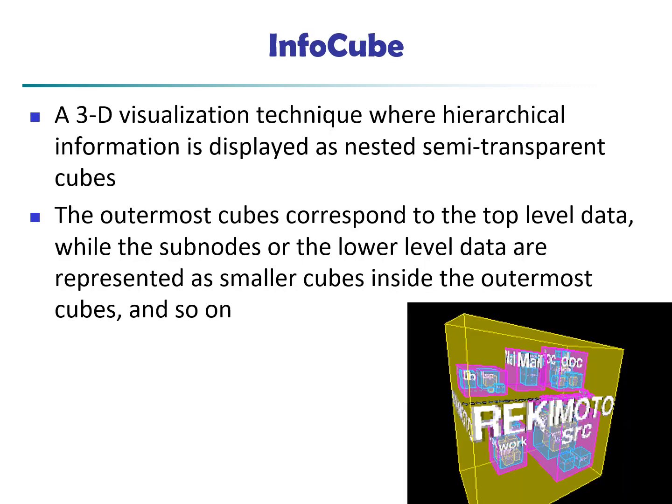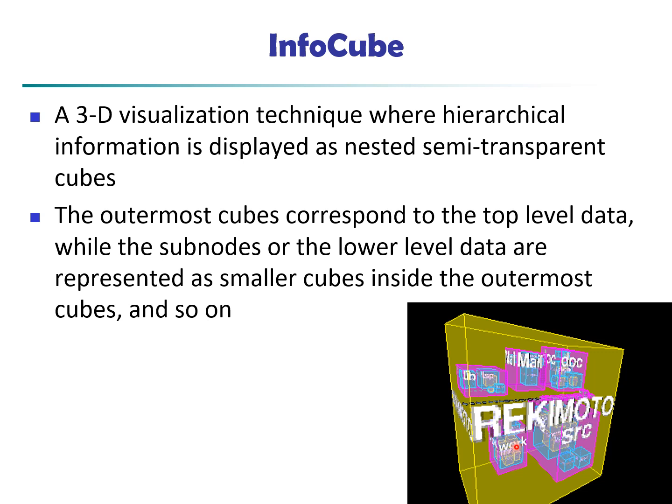There's also the InfoCube, and the InfoCube is a 3D visualization of hierarchical information that is displayed in semi-transparent cubes. So if you notice, we have a big cube and then you go inside, you see another cube, and you go inside and you see another cube.